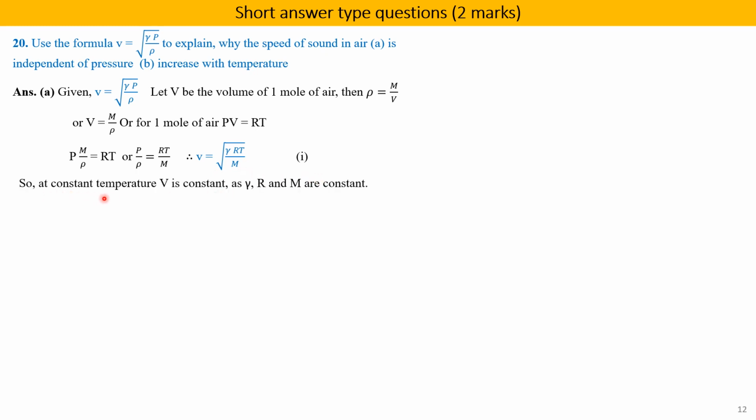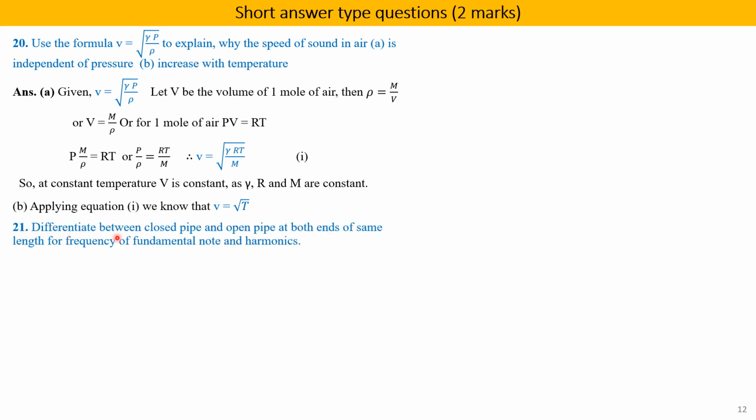So, at constant temperature, v is constant, as gamma, R and M are also constant. Part B. Applying equation 1, that is v is equal to square root of gamma RT divided by M, we know that v is directly proportional to square root of T.